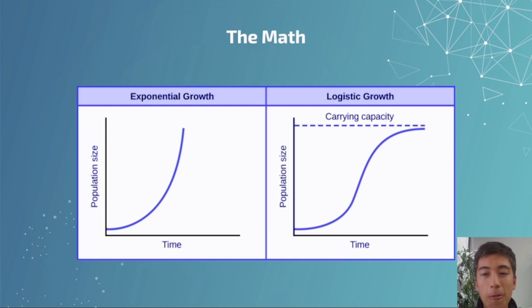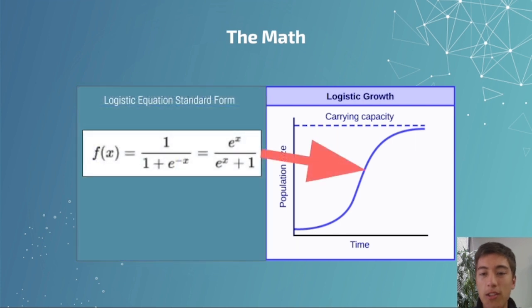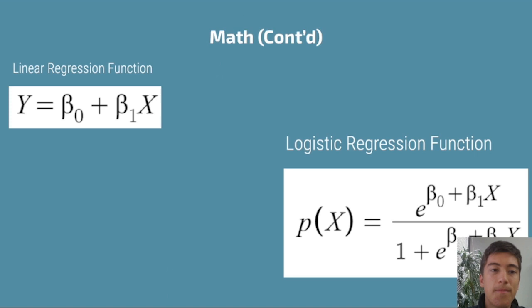Okay, so what is the math behind this graph. And it's not super complicated to visualize because I'm sure you've all heard of the logistic growth equation in math class. And that's the same equation, same basic function that we use in logistic regression. In linear regression, it's essentially just a y equals mx plus b line, except instead of m and b, we'll use beta 0 and beta 1.